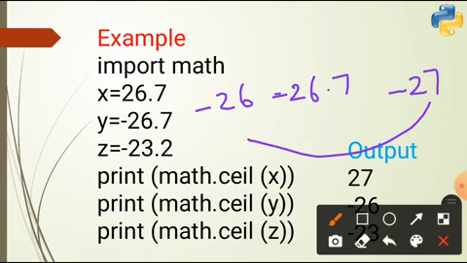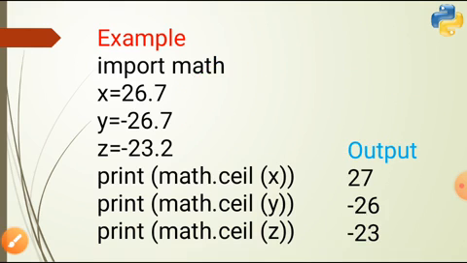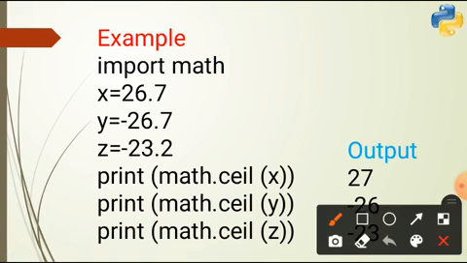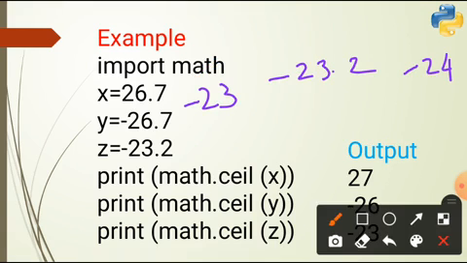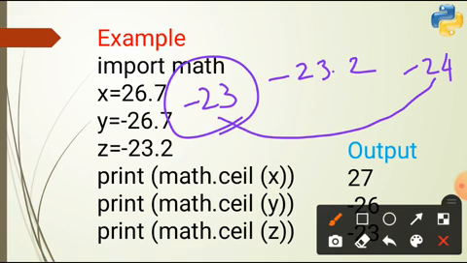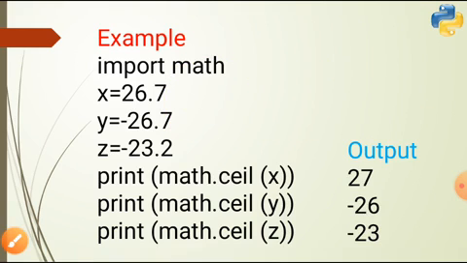Comparing these two, minus 26 is greater. That is why the answer is given as minus 26. Third one, minus 23.2. It lies in between minus 23 and minus 24. So comparing these two, which is the largest? Minus 23 is largest. That is why the answer is given as minus 23.